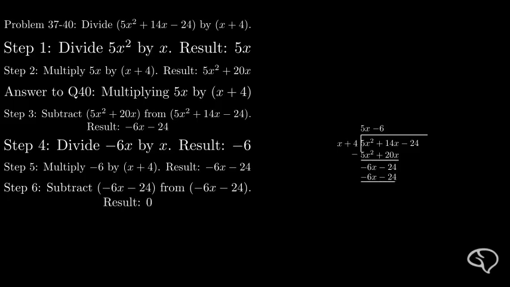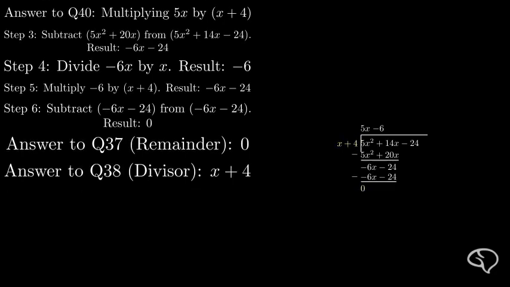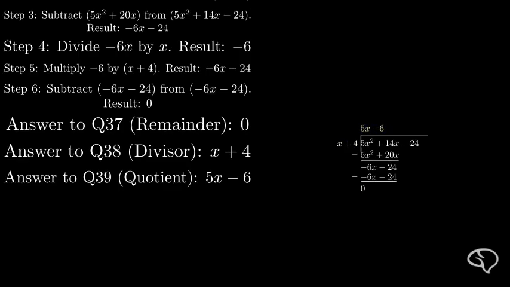Subtracting this from our current polynomial, we get minus 6x minus negative 6x, which is 0, and minus 24 minus minus 24, which is also 0. The remainder is 0. So the remainder is 0, the divisor is x plus 4, and the quotient is 5x minus 6.